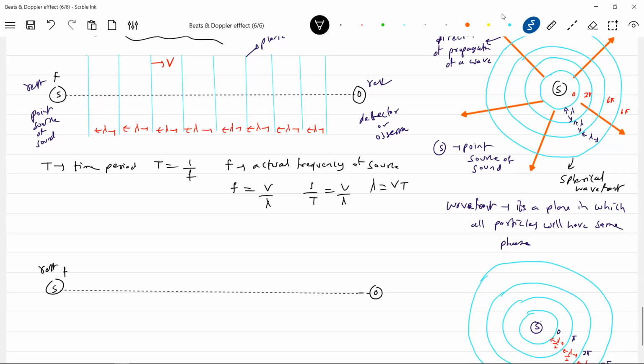It will generate sound signals of this frequency. This is the source. The observer will start moving. Tell me, will anything happen to the distance between dusters, whether you are at rest or in motion? The teacher will be throwing one duster every 2 seconds. So what will happen to the distance between dusters? Will it remain constant or vary?